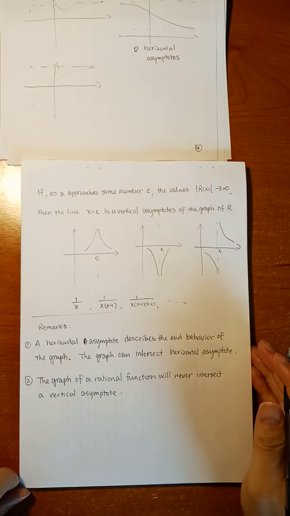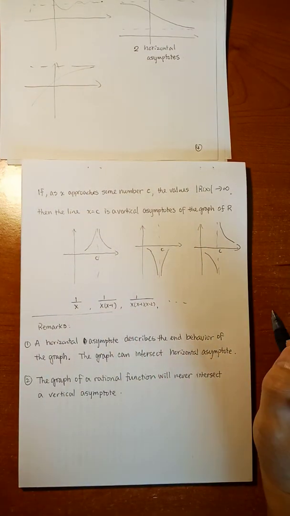In other words, the graph will not cross the vertical asymptote.